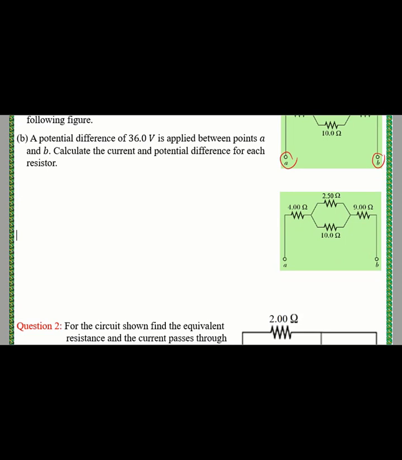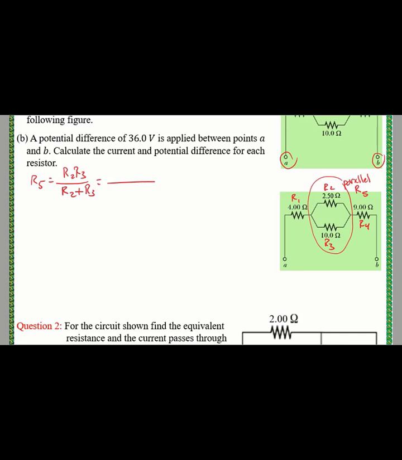Why? Because we have here R1, here R2, R3, R4. First we have R2 with R3 in parallel, so they will equal R5, for example. R5 equals two resistances in parallel, multiplication over addition of them.